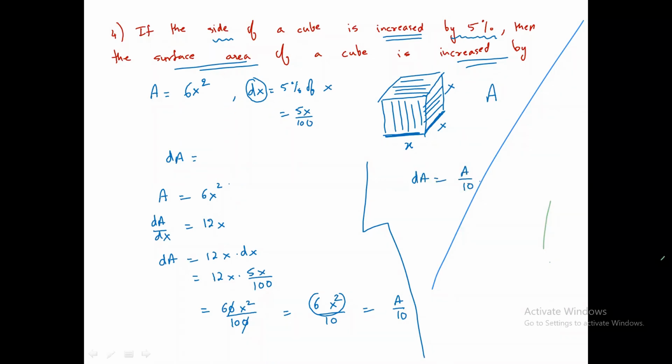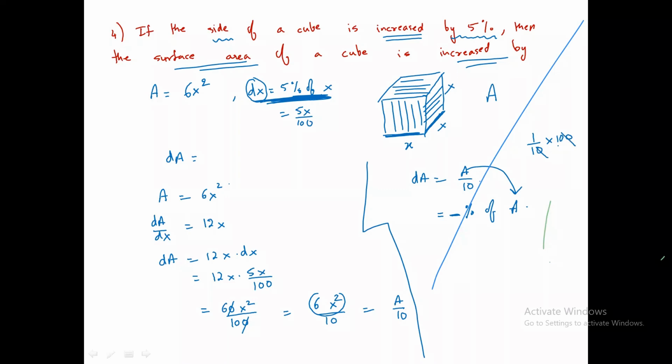I got dA as A by 10. But how I must get? Like they gave dx as 5% of x, I must get some percent of A. dx is 5% of x. dA will be some percent of A. So this A is there, but 1 by 10, how can I write it as a percent? Suppose if I want to change 1 by 10 as percent, what I have to do? I have to multiply by 100.